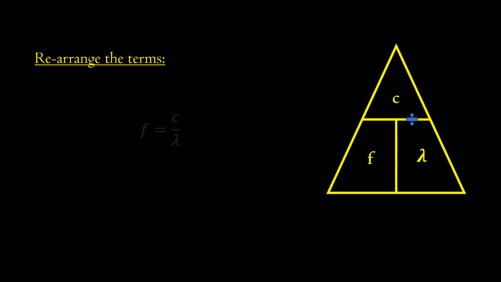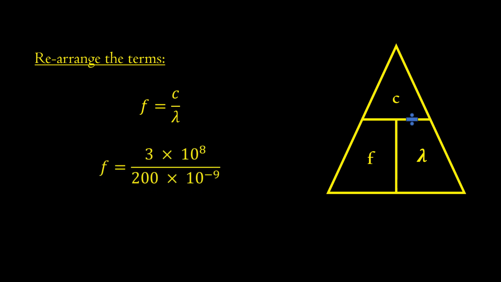So the frequency f equals c divided by lambda. And now it is just a matter of substituting the known values of the speed of electromagnetic radiation as well as the wavelength of this electromagnetic radiation.